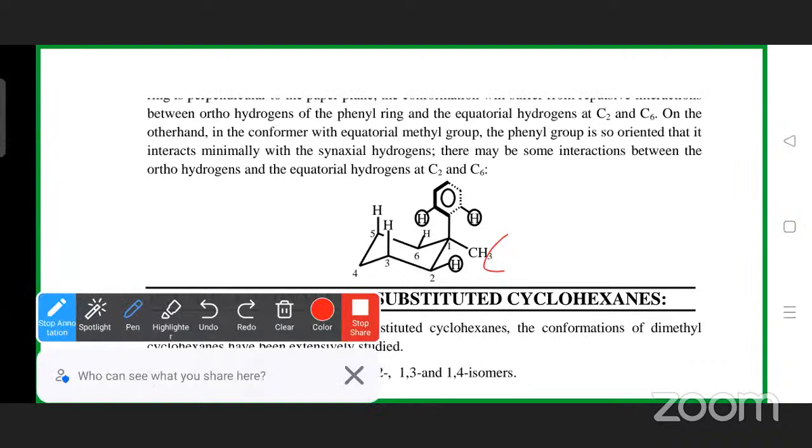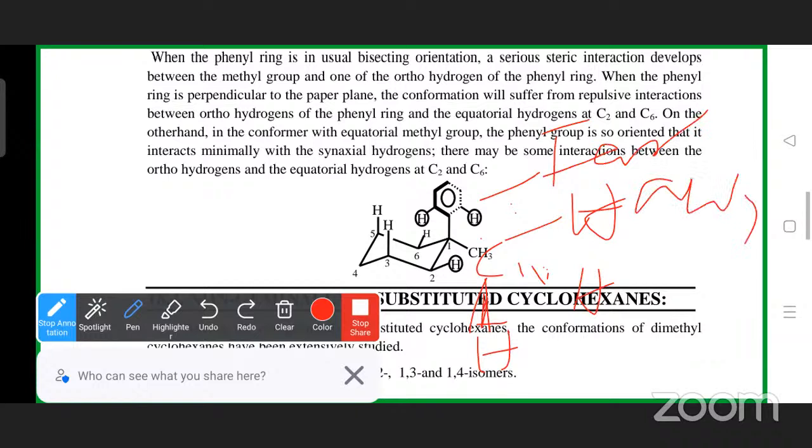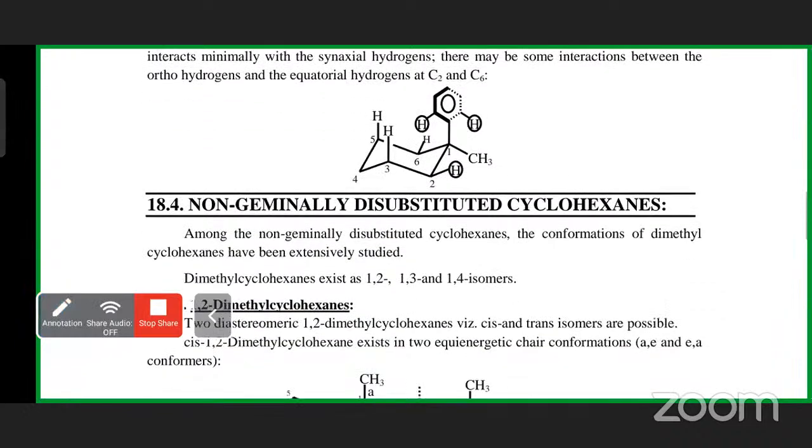Here in methyl, they are not near, they are far away. So you can see the minimization of the interactions or the steric strain here. That's why where the phenyl is in the axial direction and the methyl is in the equatorial direction, that is the more stable.